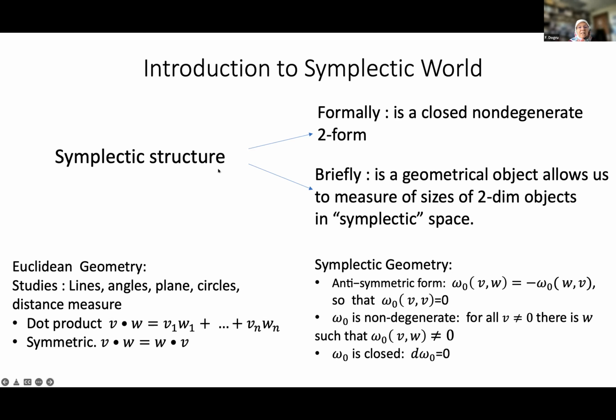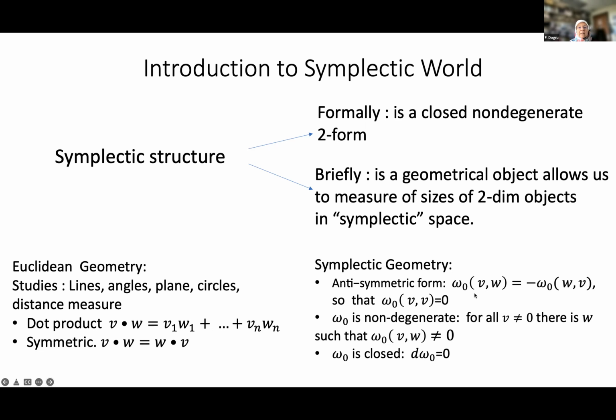In symplectic geometry, the structure is formally a closed non-degenerate two-form. Briefly, it is a geometrical object that allows us to measure the size of two-dimensional objects in symplectic spaces. In Euclidean geometry we have the dot product; in symplectic geometry we have two-forms, and they are anti-symmetric.